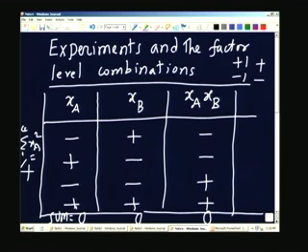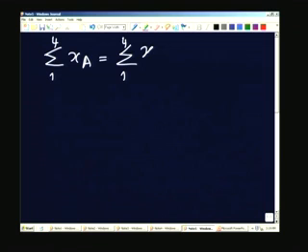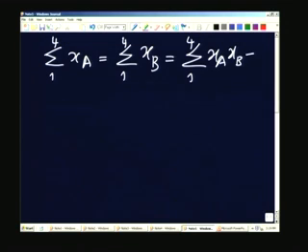I think I will write it in the next pane. So, what I am doing is this: sigma x a, 1 to 4, equal to sigma x b, equal to sigma x a x b, equal to 0.